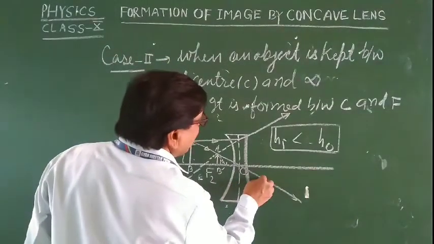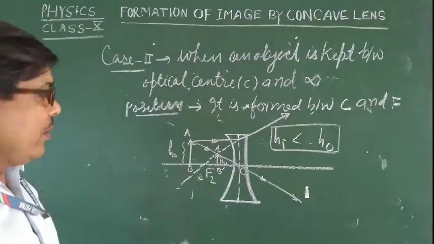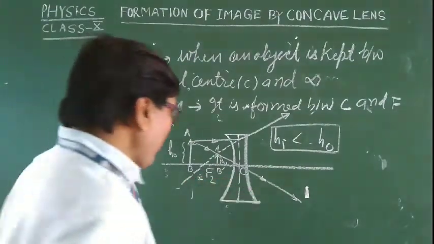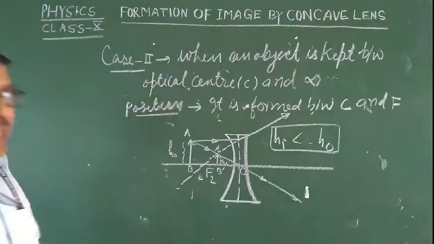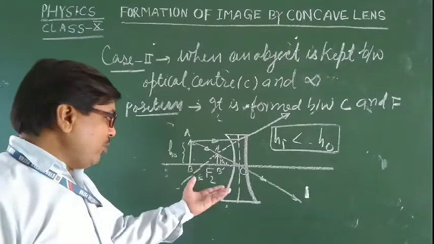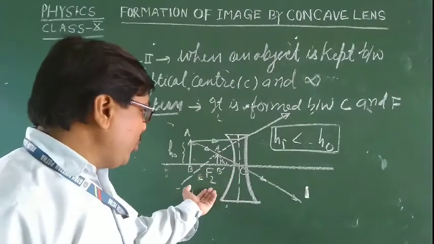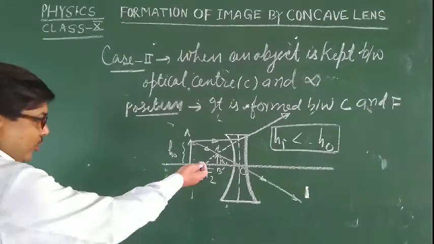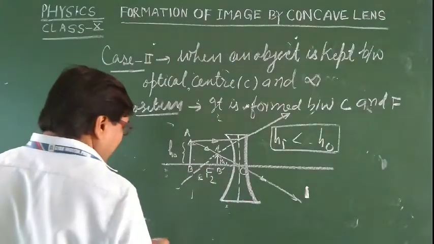So this is the second case, in which the image is formed between F2 and C. Any object kept there, the image will be formed between F2 and C. What is the nature?